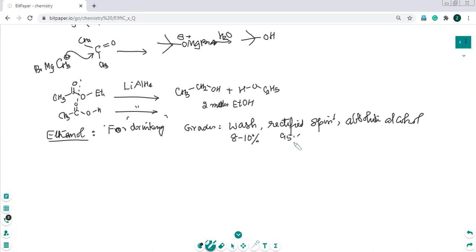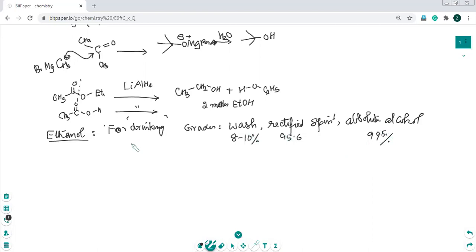And absolute alcohol is nearly 99%, normally 99.5%. It is difficult to prepare 100% alcohol because alcohol is highly hygroscopic, it will absorb moisture very fast. So this is called absolute alcohol.